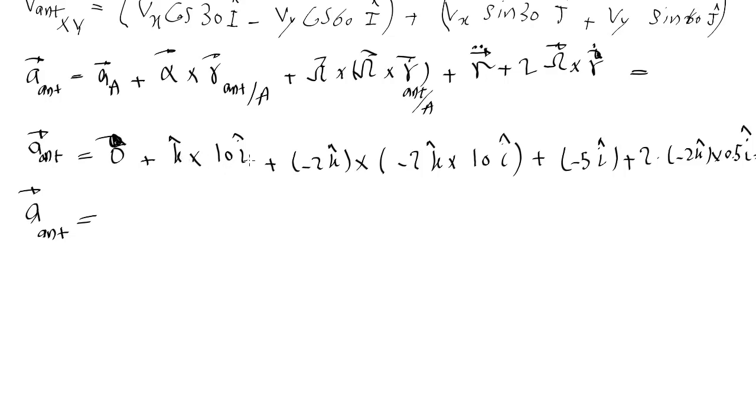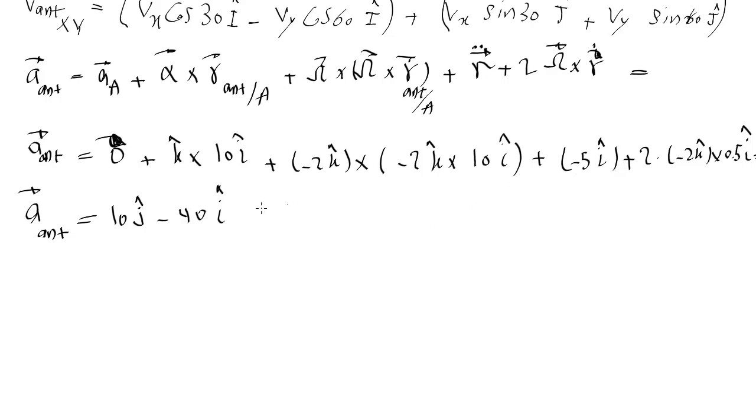So the acceleration of the ant is equal to, this is 0, here we have k cross I, that is j, so we have 10j. And here we have k cross I is j, k cross j is minus I, and because we had a minus sign, we have minus 40 in the I direction.